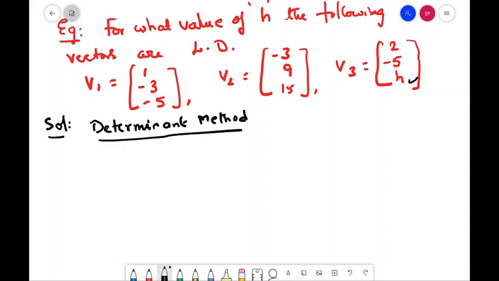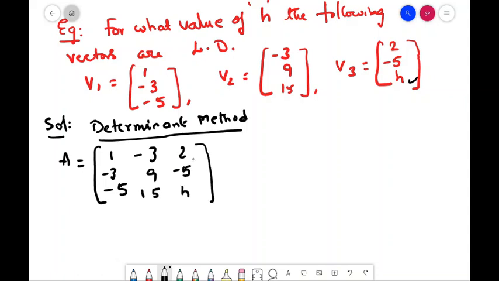In the determinant method, we take A equal to 1, minus 3, minus 5; minus 3, 9, 15; 2, minus 5, h. It is a 3 by 3 matrix. Then what is the determinant of A?